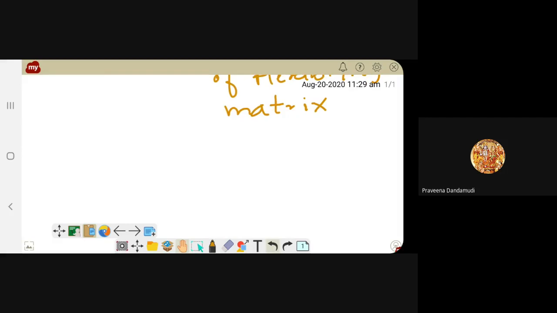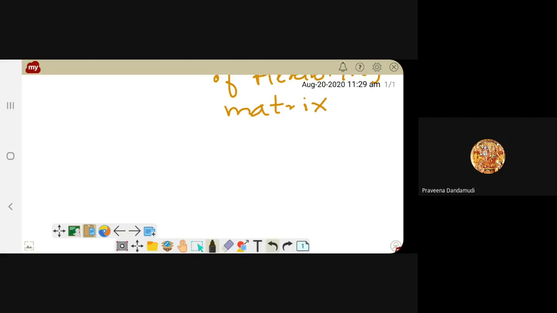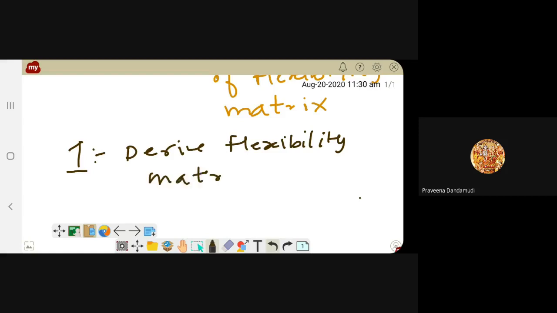You just write down the subheading: derive the flexibility matrix for the beam as shown in the figure.